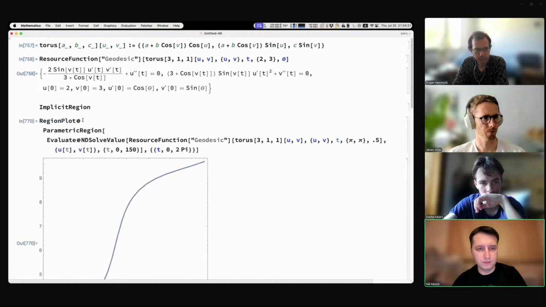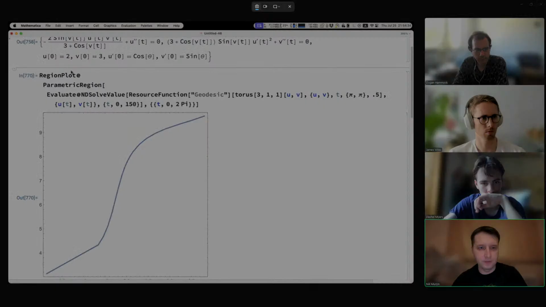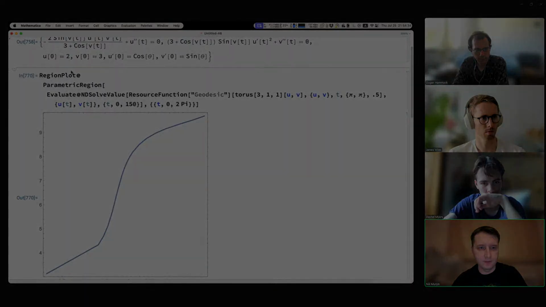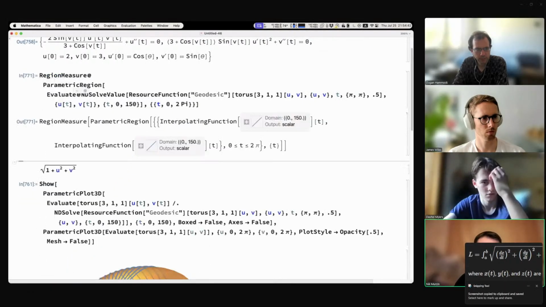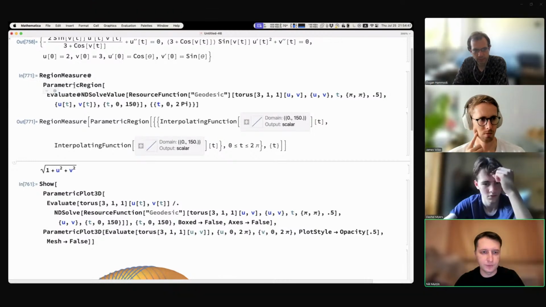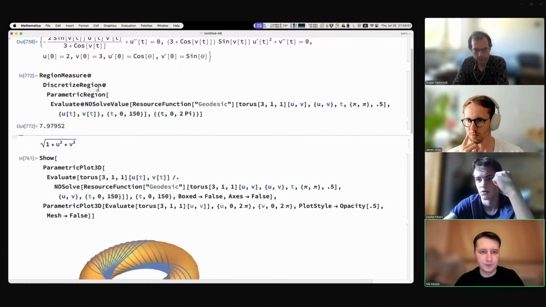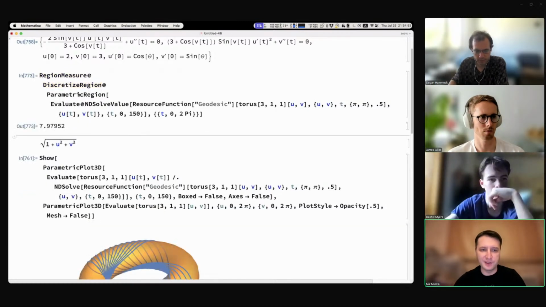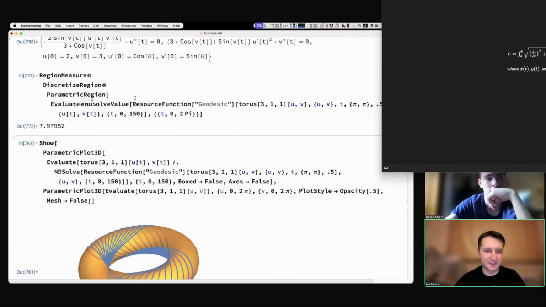Surface. Okay, some kind of line. Well, if you can compute the line, we can do the region. What is it? Measure? How about discretize it first? Okay, this is like an approximate length without doing any integration also.